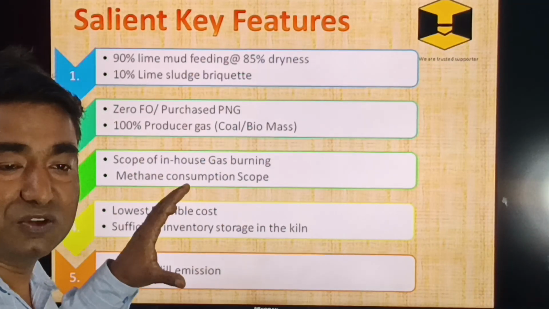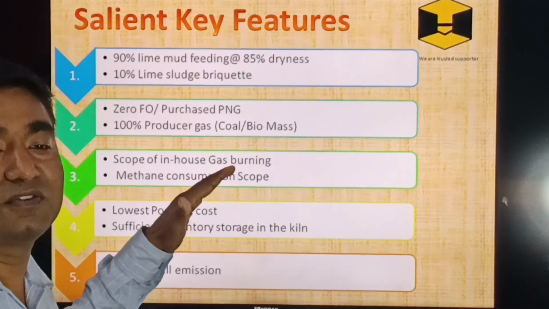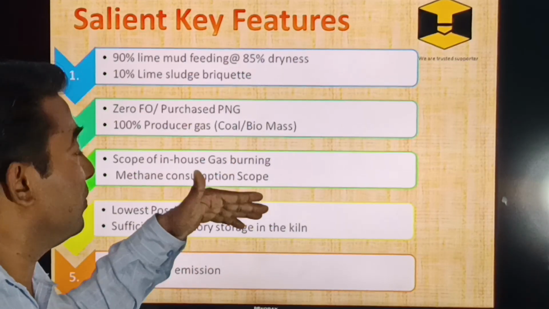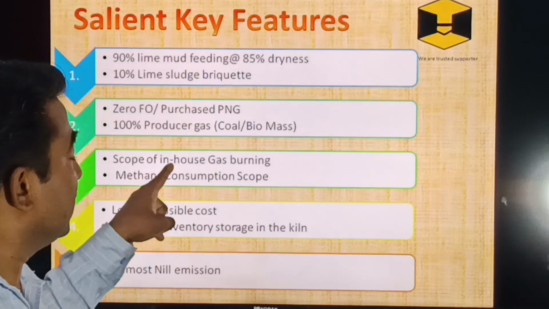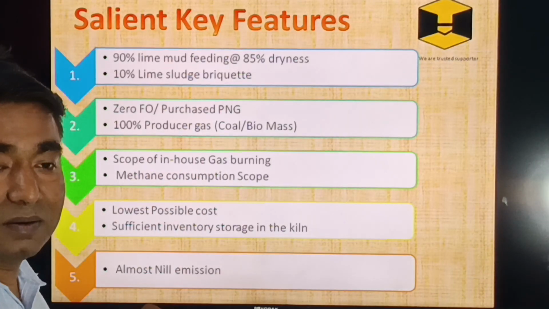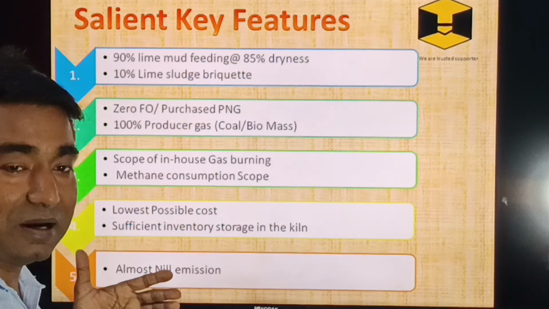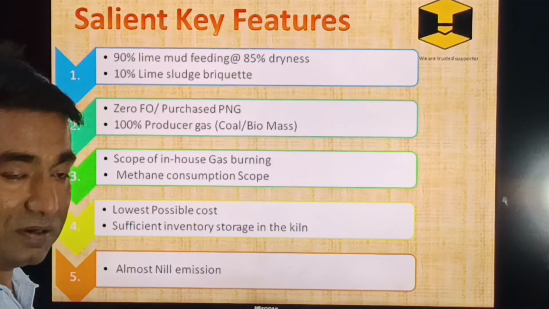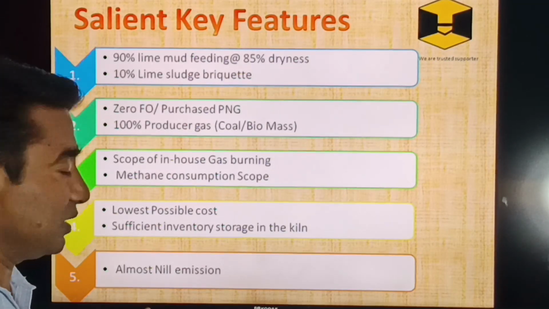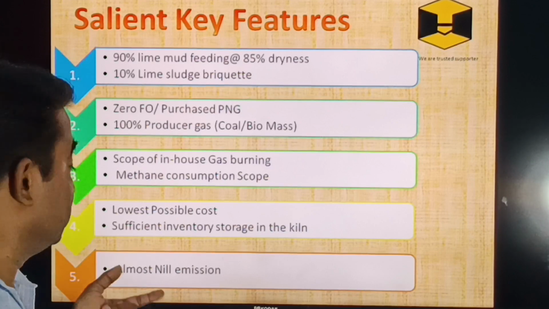This producer gas has to be generated either from coal or biomass, which will be procured in-house. In-house biogas can also be combined in this burner and fired. Methane, if produced in-house, can be combusted in this kiln.